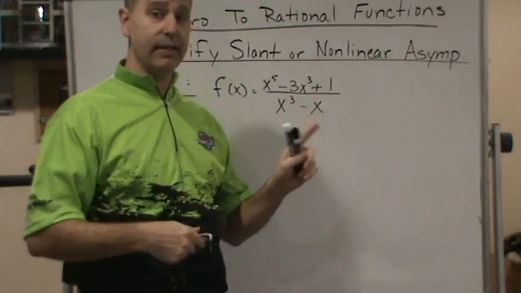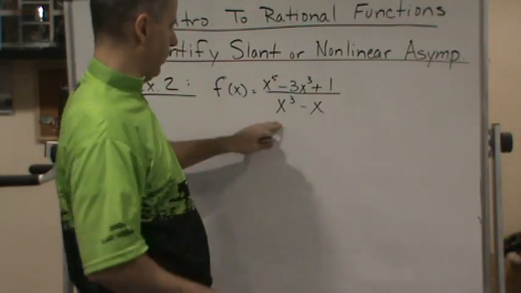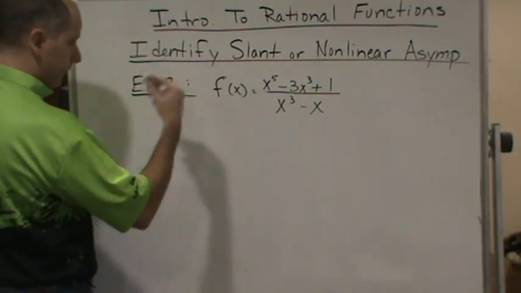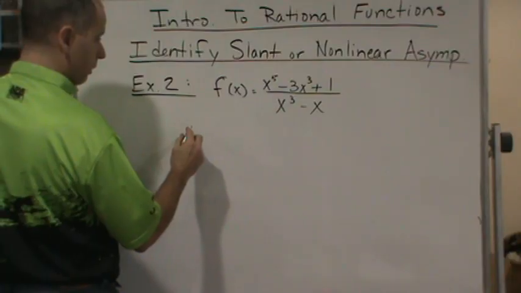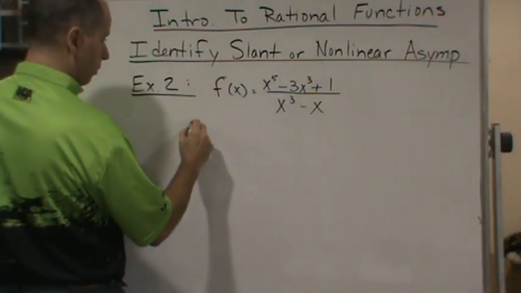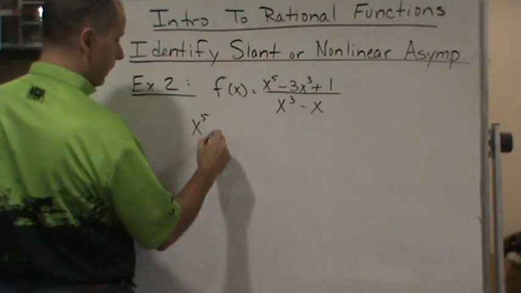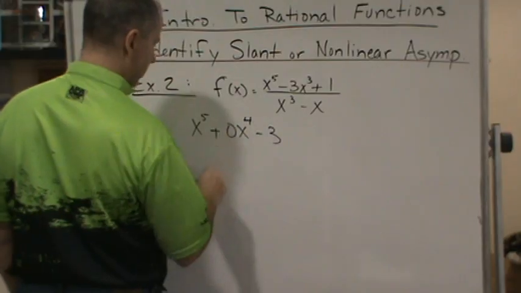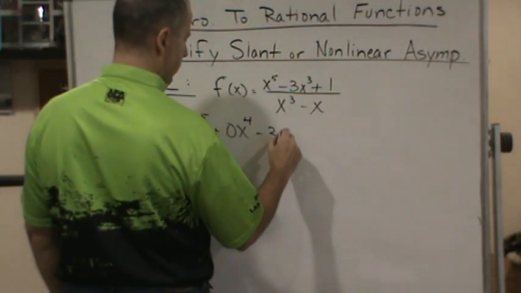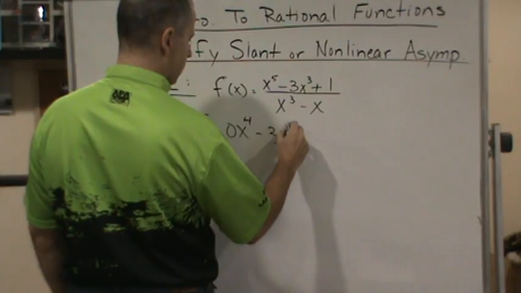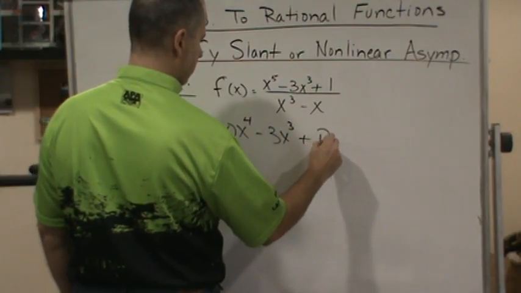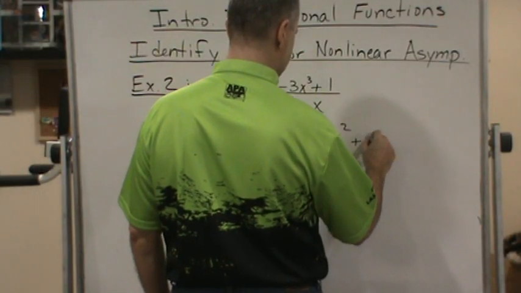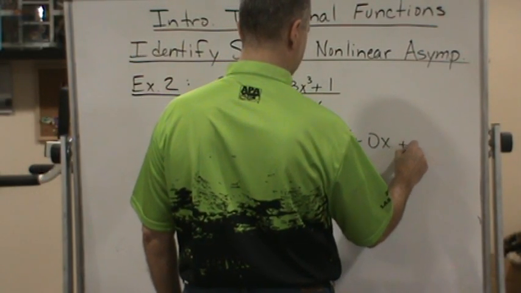By division. In this case, we have to use long division because we don't have a linear factor here. So let's do the long division. So we'll do x to the 5th plus 0x to the 4th minus 3x to the 3rd plus 0x squared plus 0x plus 1, right?